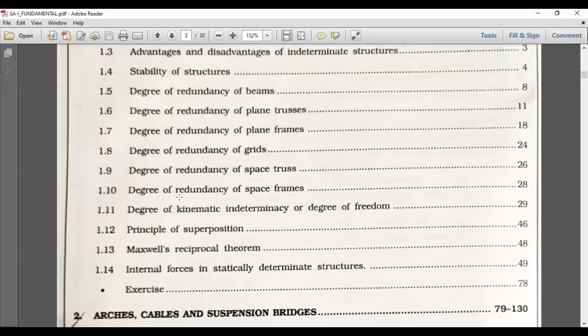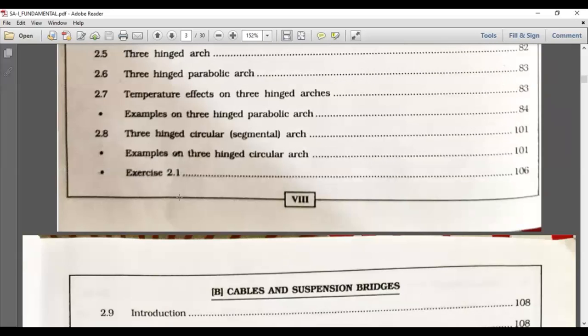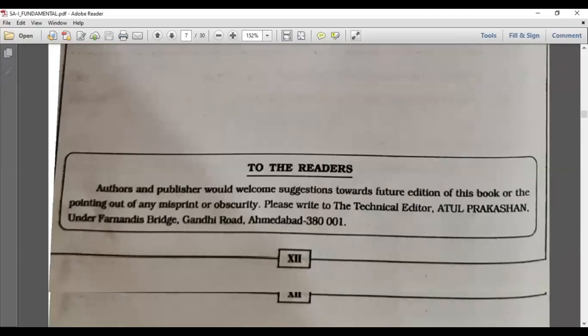On the basis of mechanics of solid, we can also solve some examples. Let us directly move on to our first chapter.